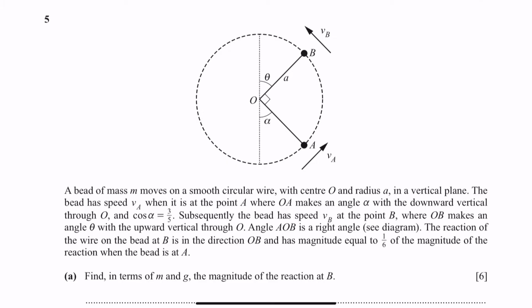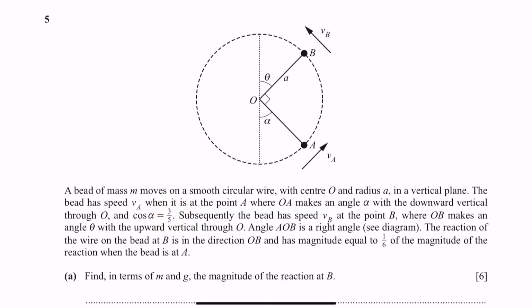For question 5, we have a bead of mass m moving on a smooth circular wire in a vertical plane. When it's at A, it has a speed VA, and when it's at B, it has a speed VB. The bead has an angle of alpha when it's at A and theta when it's at B, and cos alpha is 3 over 5.